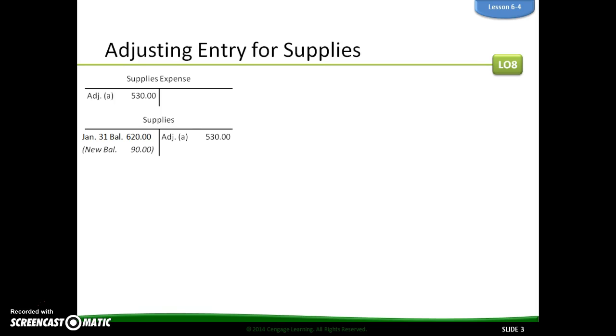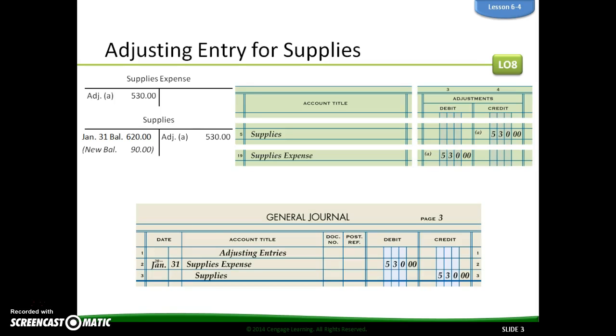We noted from our worksheet that our supplies expense totals $530. So we posted an adjusting entry of $530 to our supplies expense account, and we entered that same amount in our supplies account so that we could get a new balance of $90 in supplies.